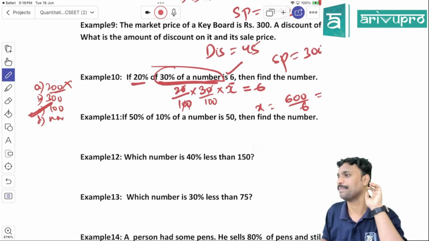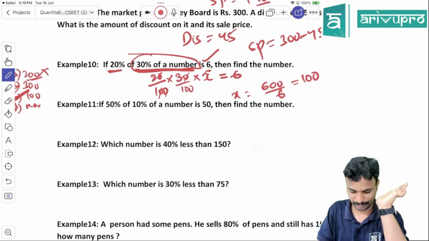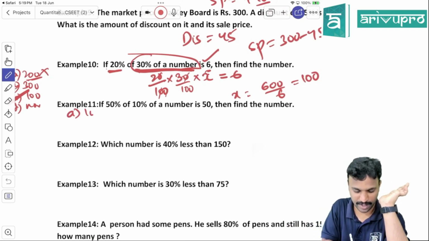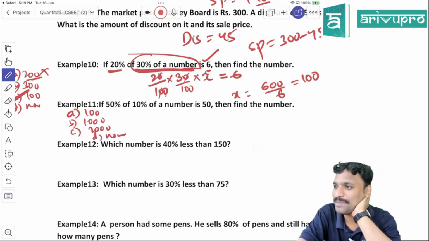Apply the same thing. I shall give you options. Shall I give you options? Option A 100. Option B 1000. Option C 2000. Option D none of this. How did you do? 5,000.